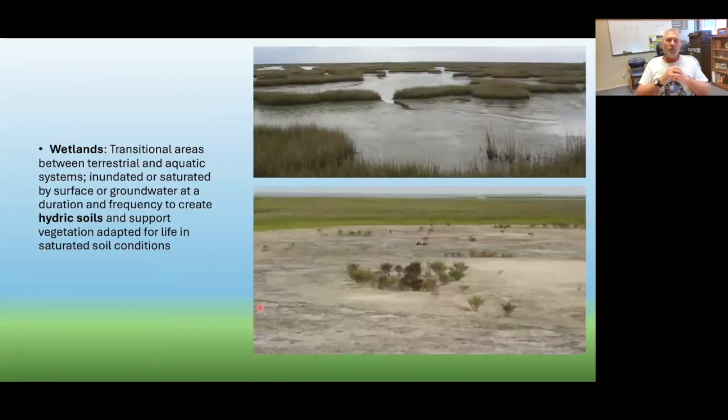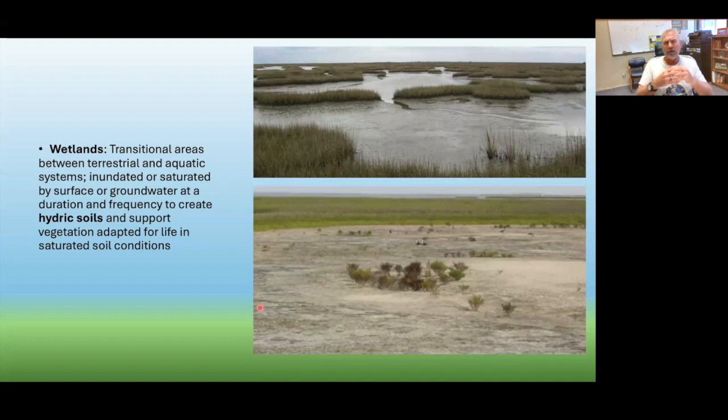All right, so we've talked about wetlands before. These are transitional areas between terrestrial and aquatic systems. These are inundated or saturated usually by surface water, sometimes by groundwater, depending where you are, or some combination of those two. But it has to happen for a duration and/or at a frequency that allows those soils to become hydric.